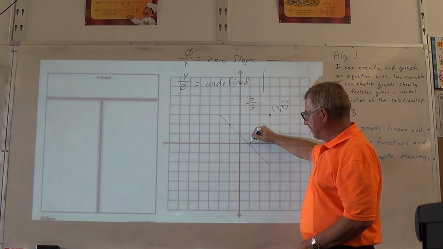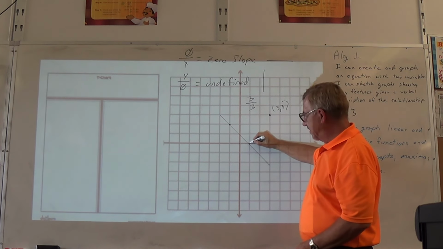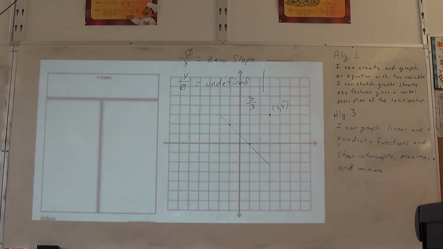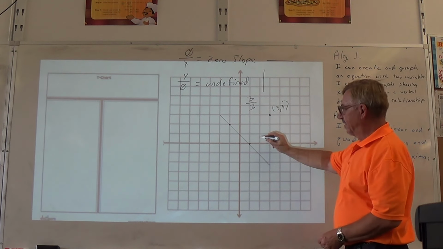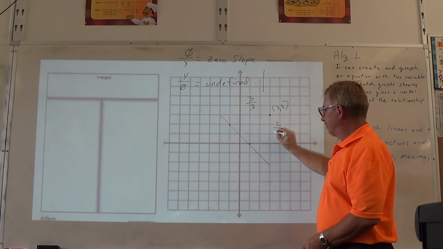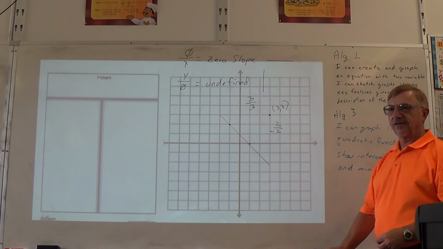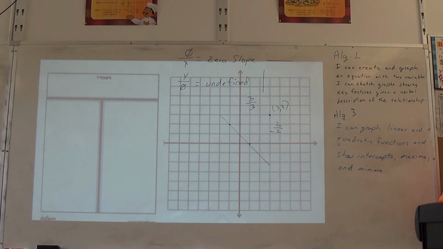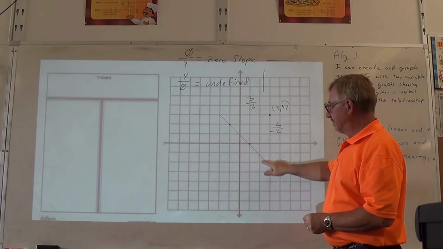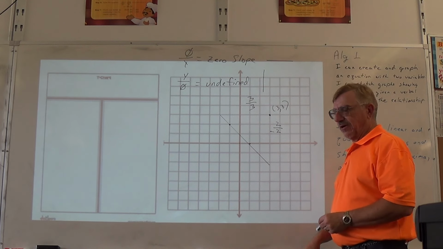My slope between these two points is going to be 2 over minus 2, so a negative 1 for that one.